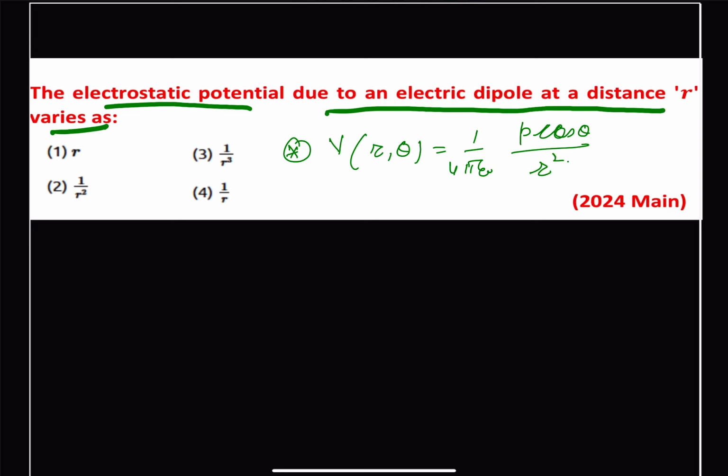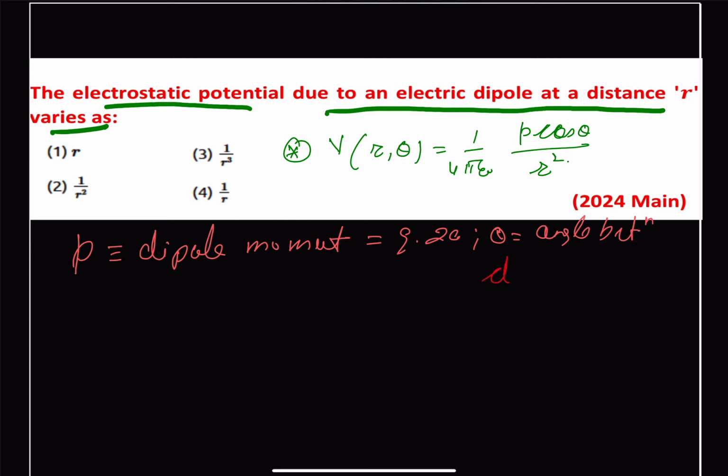Here p is our dipole moment, which is given as q times the distance between the charges, and our theta is the angle between the dipole axis and position vector r, and r is the distance.